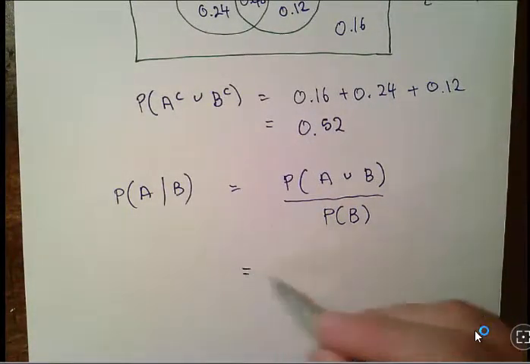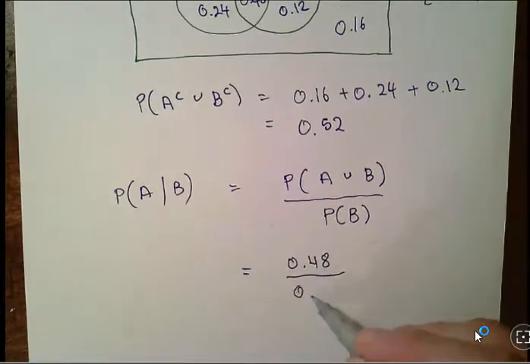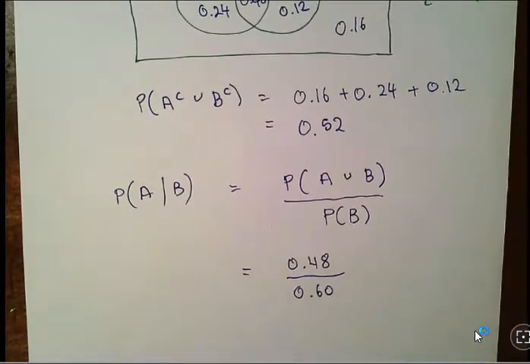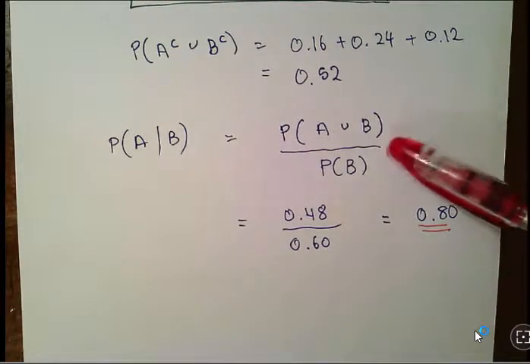Now A and B, from just above, is 0.48 over 0.60. That's the information we were told at the start. 0.48 divided by 0.60 is 0.80. So that's the answer to that one. It's a matter of learning this very important formula.